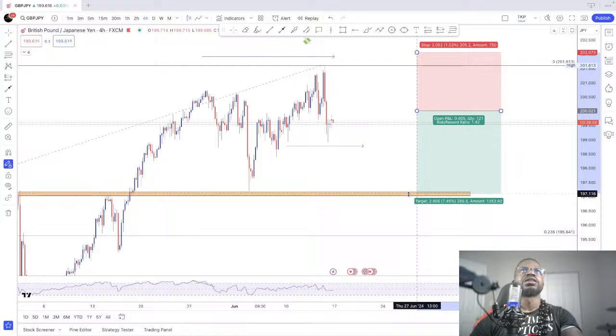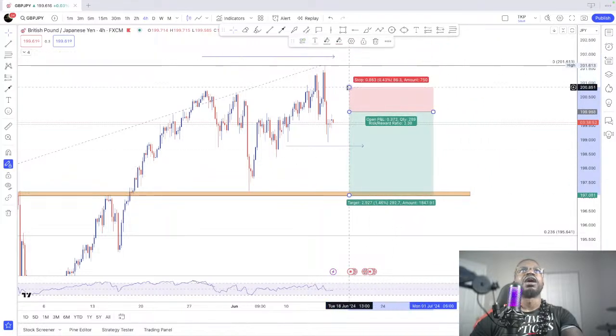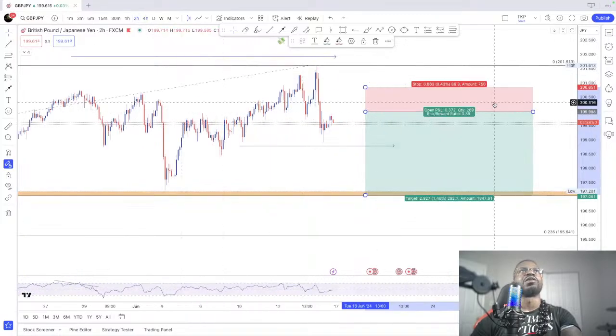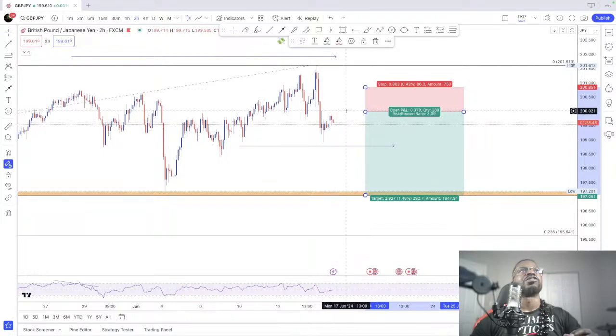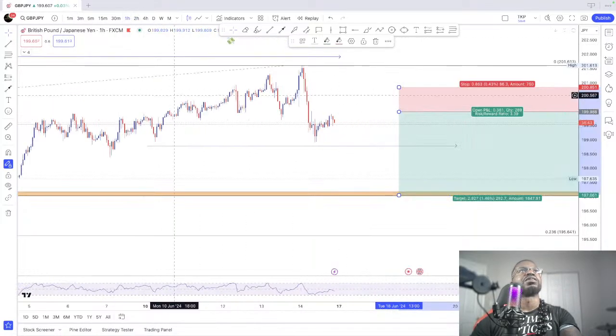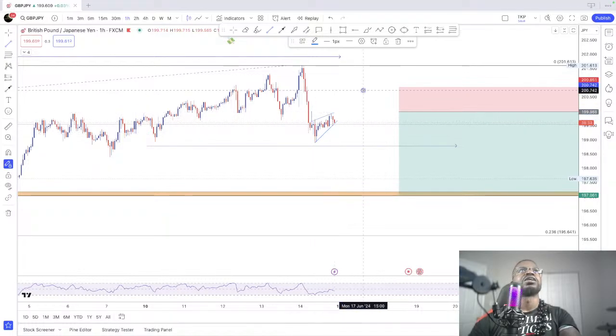Now, I do not know where we're going to enter as of yet, so I'm not setting up this risk reward tool to take a trade. I'm just putting it right here, so when I find the trade, it's already in place. Like I said, on a higher time frame, everything looks really bearish, and looking here, it definitely looks like we have a bear flag forming.